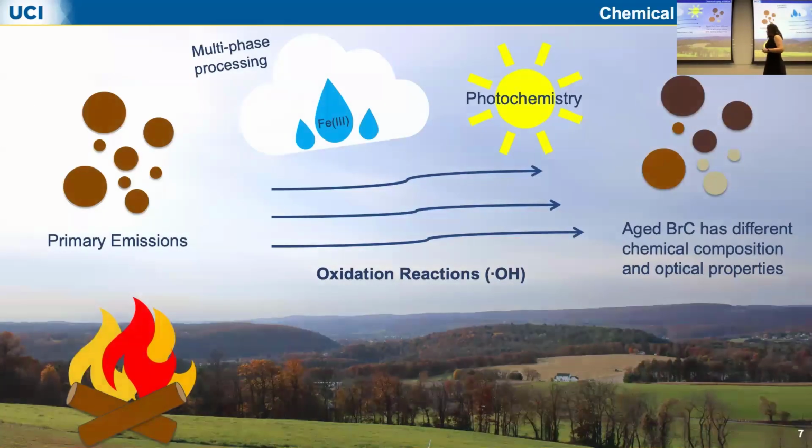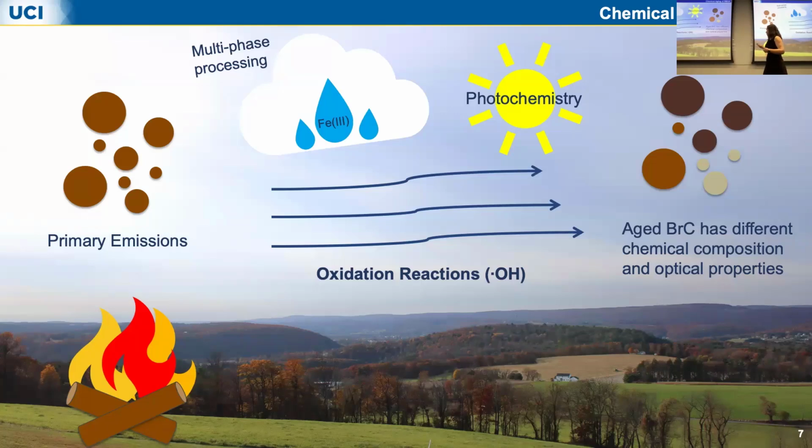Right. And so chemical aging of VBOA, you have a fire, you have primary emissions that can level off. What kind of chemical aging mechanisms can go on? Well, there can be multi-phase processing, there can be gas particle partitioning, there can be condensed phase chemistry going on, there can be oxidation reactions in the atmosphere by OH or ozone or NO3. There can also be photochemistry going on. So if you're at Avery's talk, you learn all about photochemistry and the quantum mechanics behind that, which I'm not an expert in, so I'm going to stay away from that.